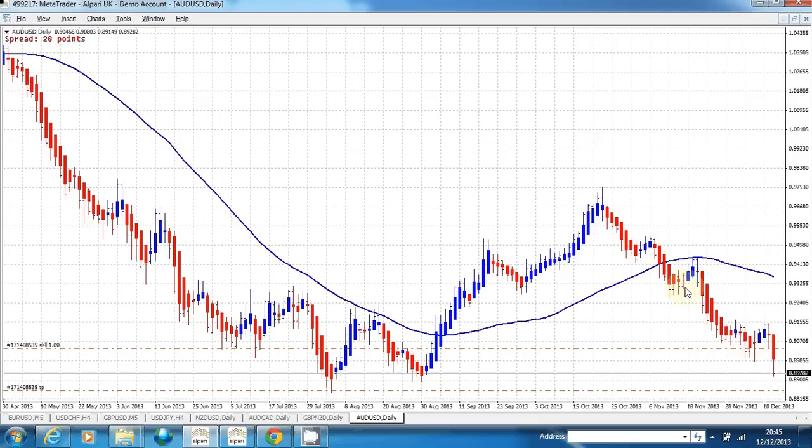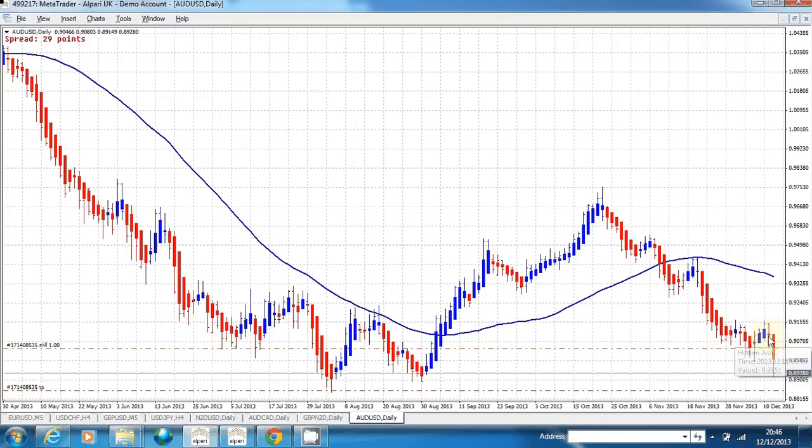So now, what are the chances you have? One, you have a chance of coming back in after this red candle, or today, today's date is the 11th of December 2013.